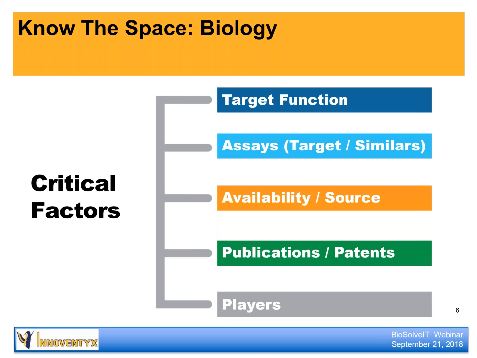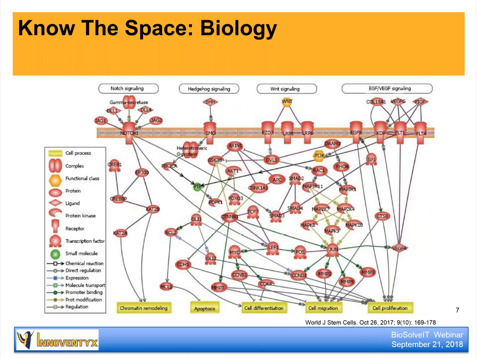And ultimately, who's working in your area, what I call the players. If you read publications and patents, you can tell who the authors are and their association, whether they are in industry or in a particular university. That tells you who the players are in that field, and you can use that for awareness.